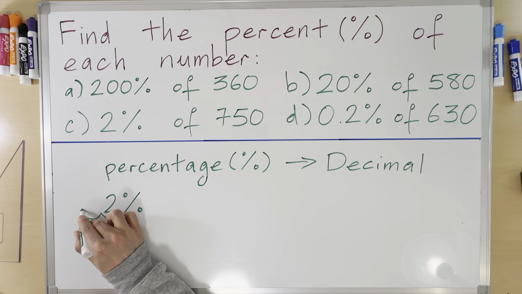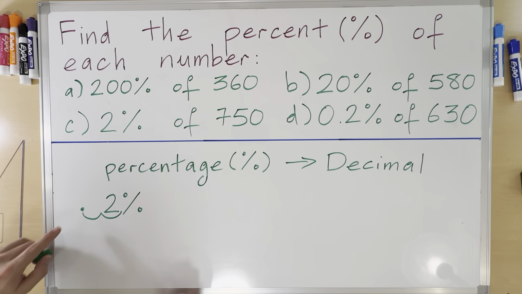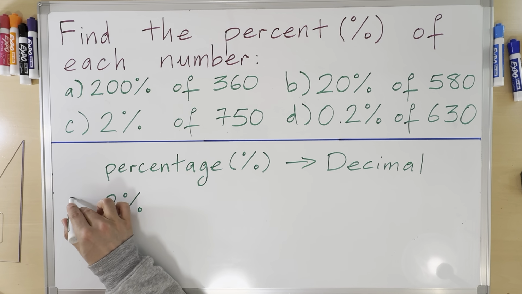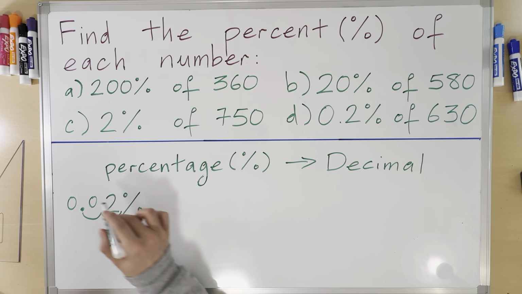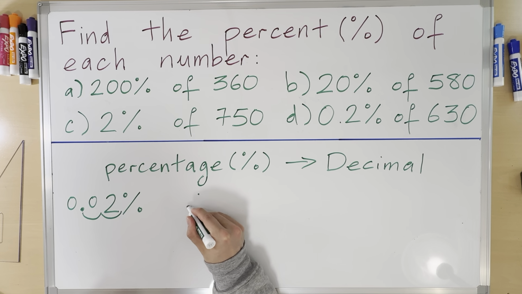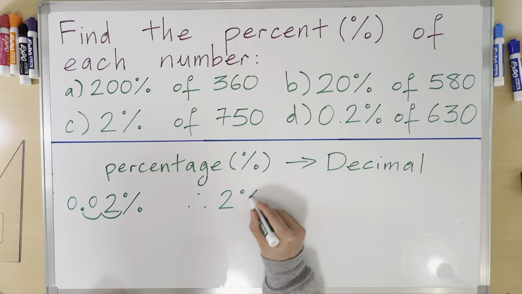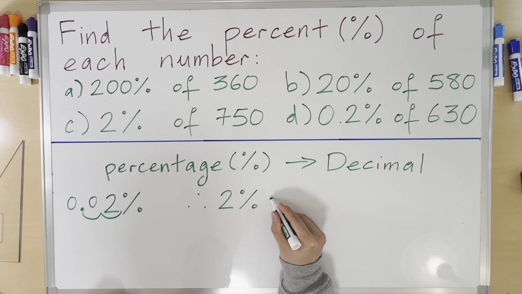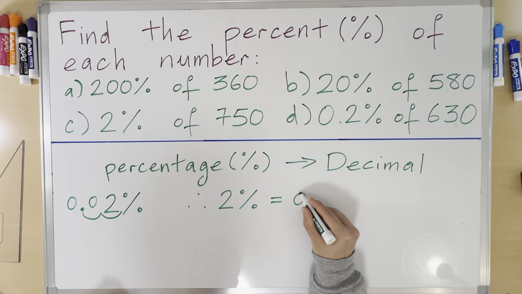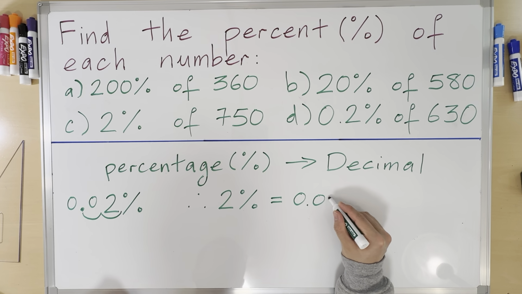Now this is the location of the new decimal, 0, 0. And so therefore, 2% is equal to 0.02.